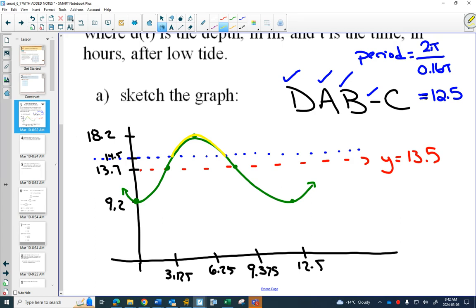So what we're trying to figure out are the times that this is fine. So I want to go from this point, somewhere here, to this point, there, and figure out what those two values are. And we're going to do this in 2 ways, okay?